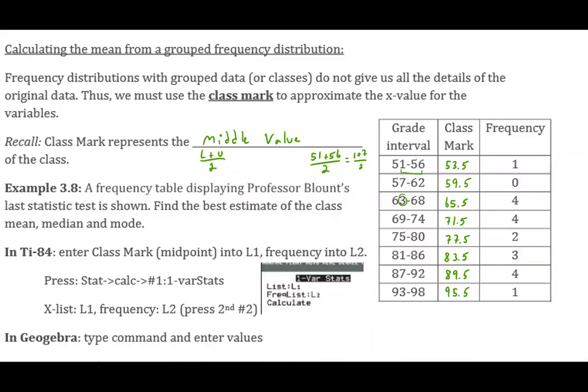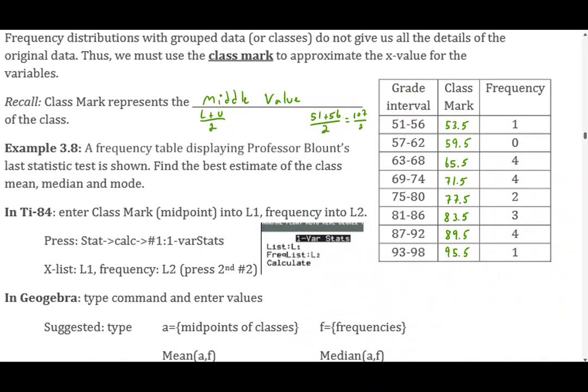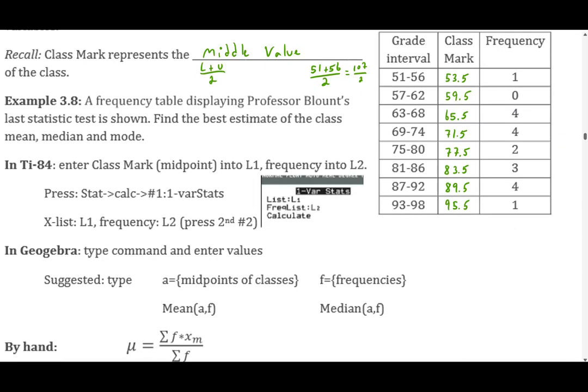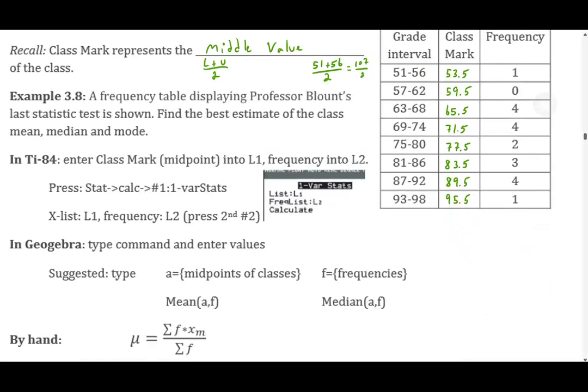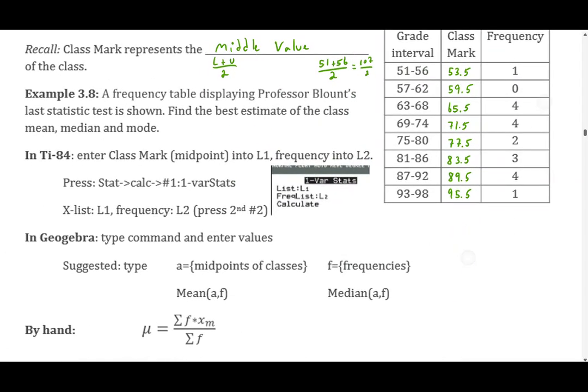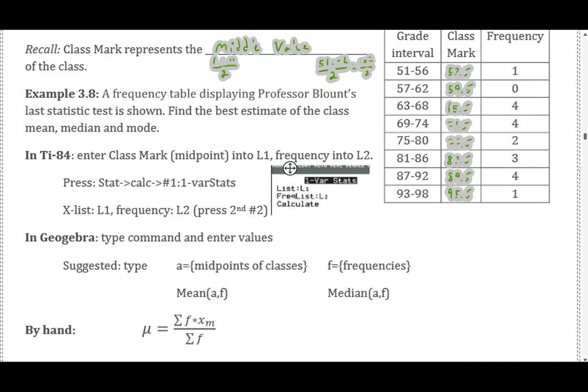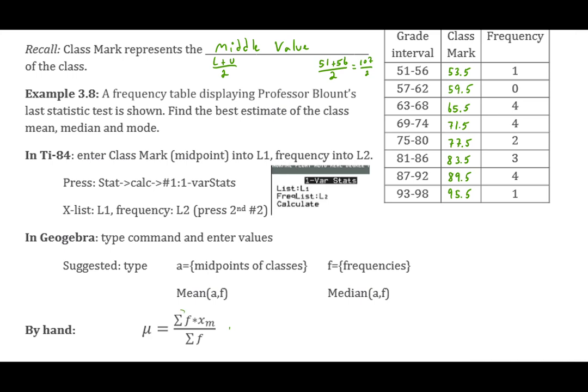There's another video that shows how to calculate these using the calculator-specific calculations. But for this one, I want to do this without any calculator so we can learn a little bit more about these distributions. So in order to find the mean of a distribution, we need to find the sum of all of the x values.